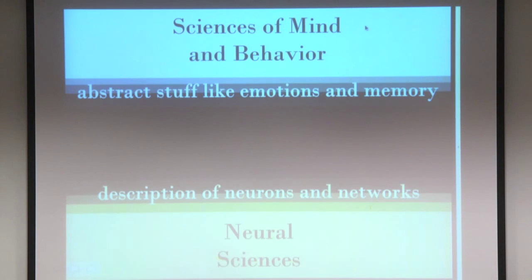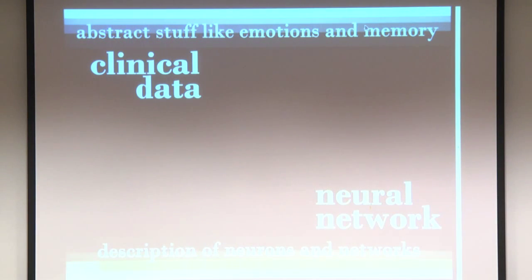So we have experimental data from psychologists, and hopefully detailed descriptions of the neurons and descriptions of the networks of neurons. So how do we make the link between this description of the behavior and the description of neurons?